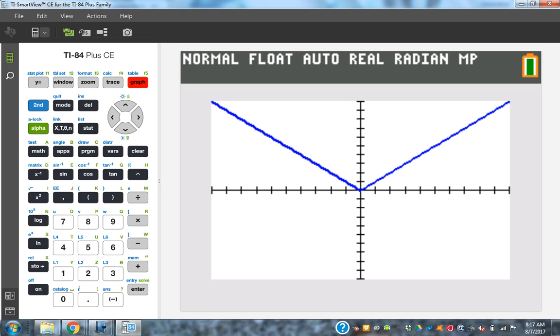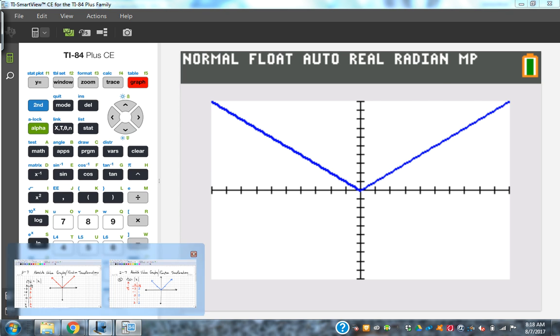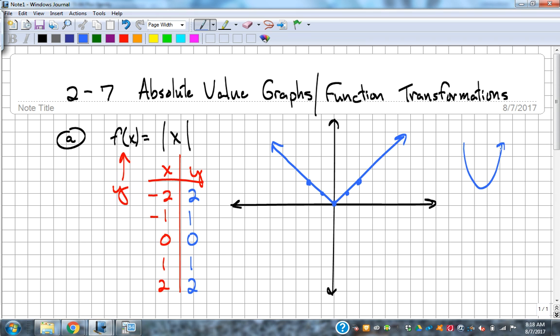Because remember in geometry, the vertex was a corner of a figure. Well, vertex is a specific place on a graph of a function with the absolute values. This corner here. With a parabola, y'all remember doing that in Algebra 1, a parabola had a vertex down at the lowest point, or the highest point if it were in that direction.